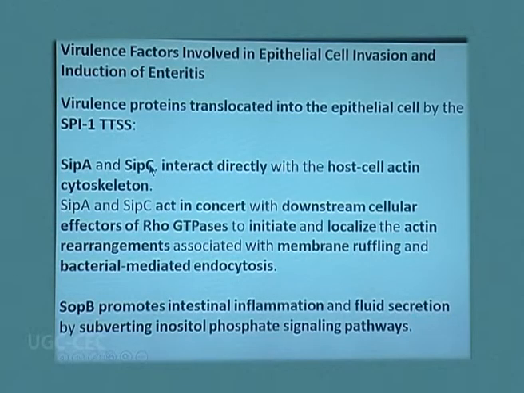Other such effectors injected by the type 3 secretion system are SipA and SipC. They interact directly with the host cell actin cytoskeleton. They act in concert with the downstream cellular effectors of the Rho family GTPases, and thereby regulate the initiation and localization of the rearranged actin filaments to form the membrane ruffling structures and result in the bacterial mediated endocytosis.